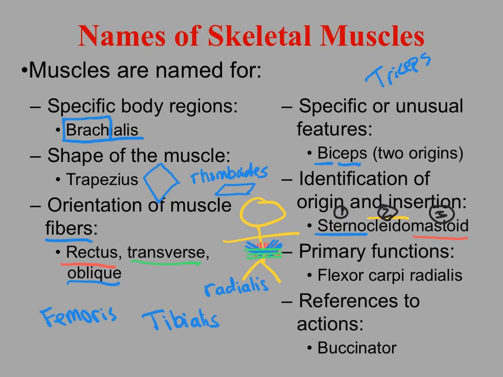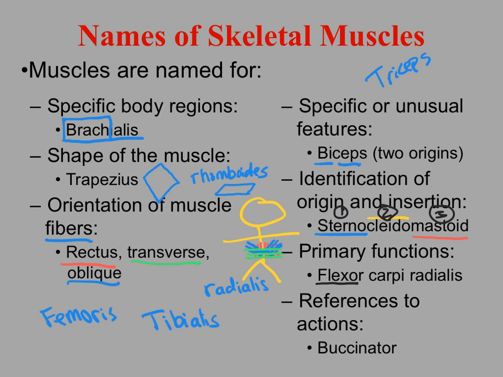Muscles tend to be named also based on their primary functions. So we can call them flexors or extensors or abductors or adductors or levators or depressors. Think back to all of those movements that occur at joints.